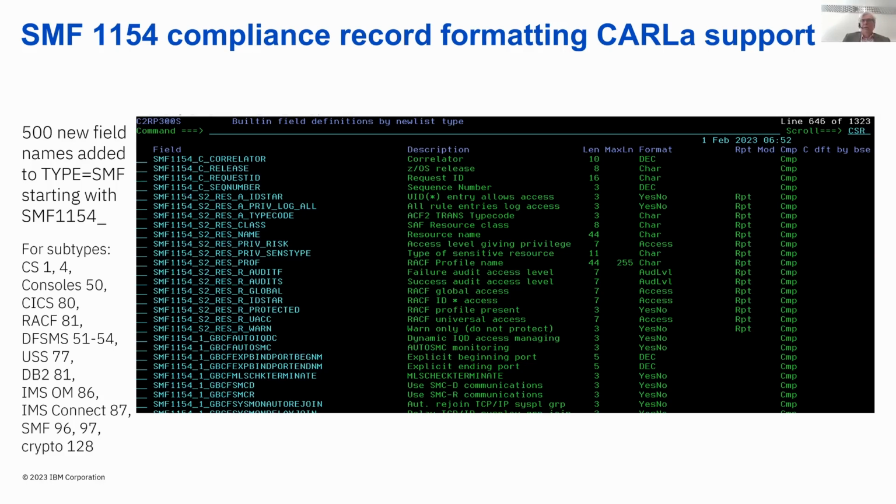The subtypes are organized per component in z/OS, but all components that do SAF checks would have the general resource piece, the S2 piece, for the individual resources and their protection. So these are field names that could help you make reports.